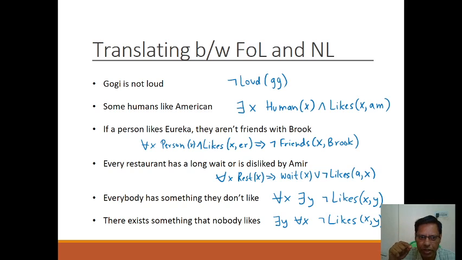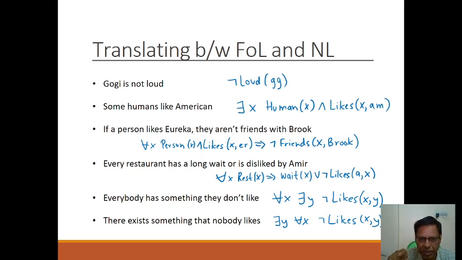Some humans like Americans. Humans is binary. So some humans like Americans is, there exists X, human(X) and likes(X, American). If a person likes Eureka, they are not friends with Brook.